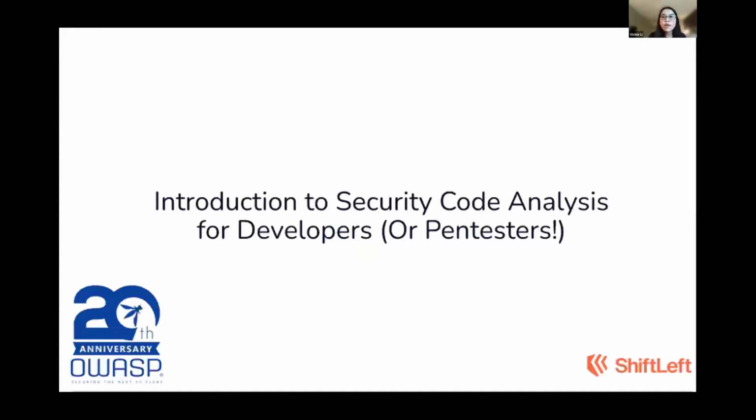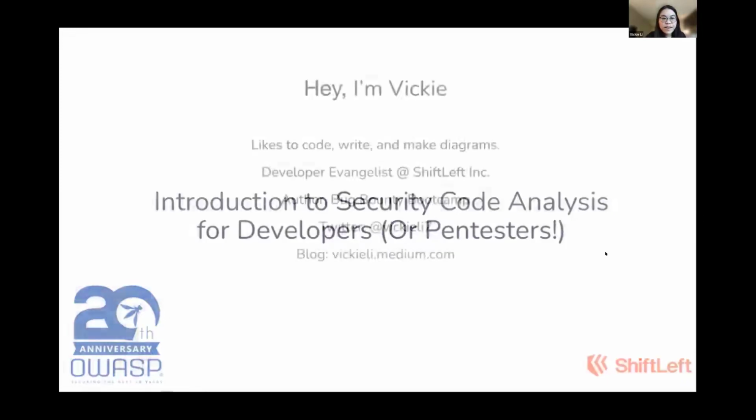So if you're a developer, learning how to find vulnerabilities in your own code can enable you to write more secure code in the future. And if you're a penetration tester, then by learning how vulnerabilities manifest in source code, you can learn to conduct deeper and better analysis. And source code would be another way that you can uncover vulnerabilities in the programs that you're auditing. So let's get started.